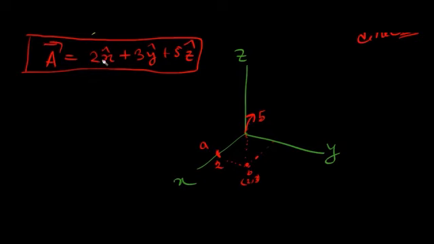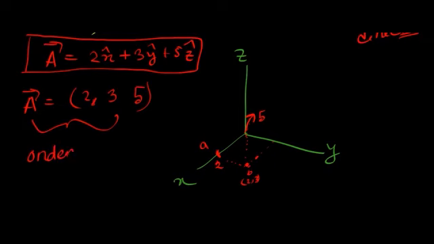Notice that these numbers can even be written like this, without the commas, just 2 3 5. Here these numbers are ordered, because we are not writing the unit vectors x hat, y hat and z hat.